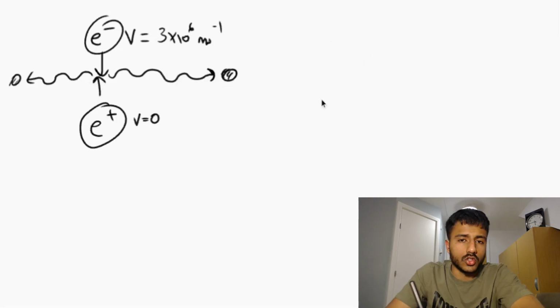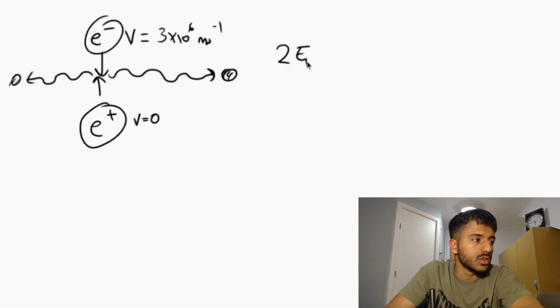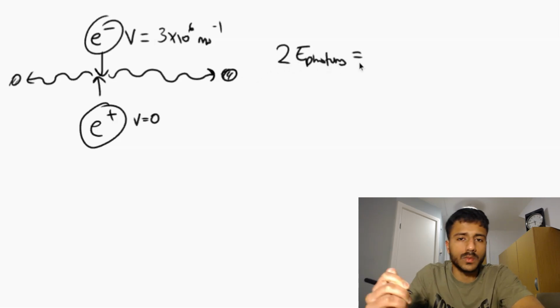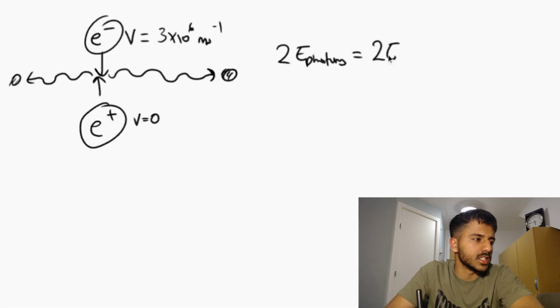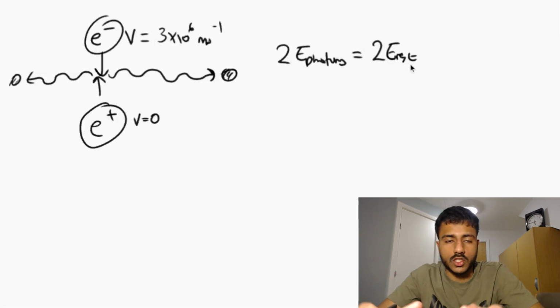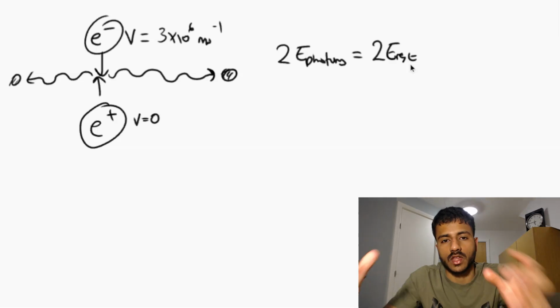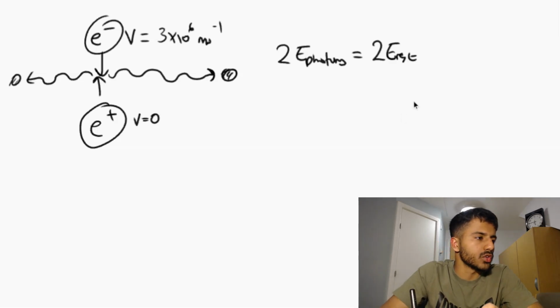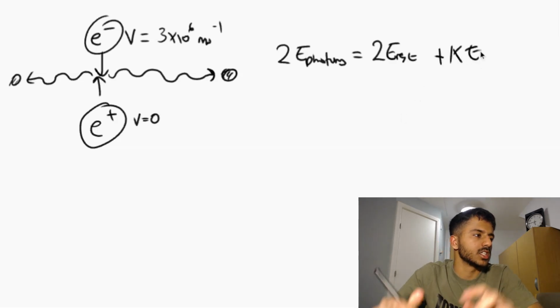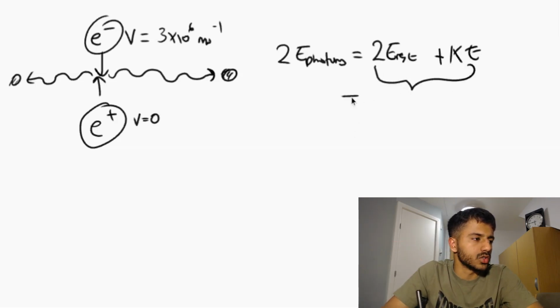But this time, the total energy of both photons is going to be equal to 2 times the rest energy of the electron, because the rest energy of the positron is equal to that of the electron, but also the kinetic energy of the electron, as this here is the total initial energy.